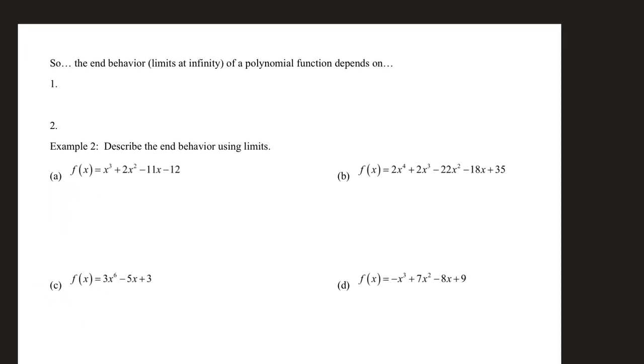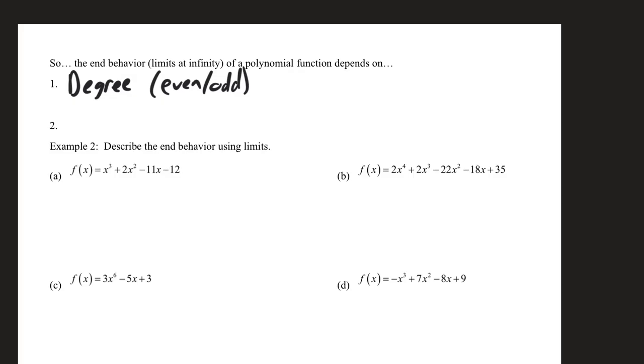So the end behavior, the limits at infinity of a polynomial function, depend on what 2 things you just told me? The exponent, or the word we're going to use for that, the degree of the polynomial. I need to know, is the degree even or odd? If the degree is even, the behaviors do the same thing.